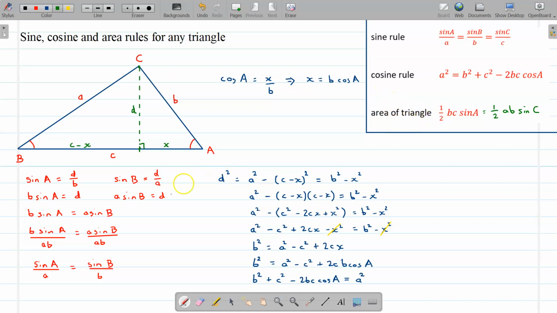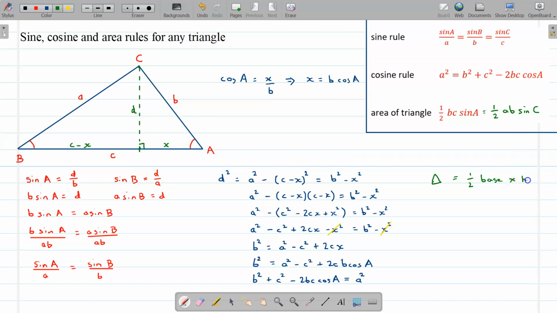Well, if we go back to what we did on the sine rule, let's start with the area of a general triangle first. The area is typically referred to as a half base times height. I'm just going to write it as words: half base times height.